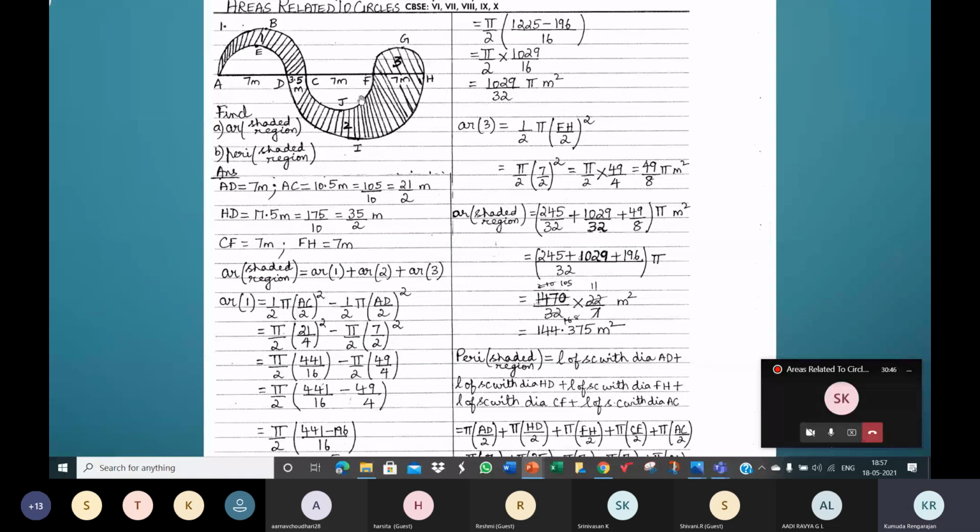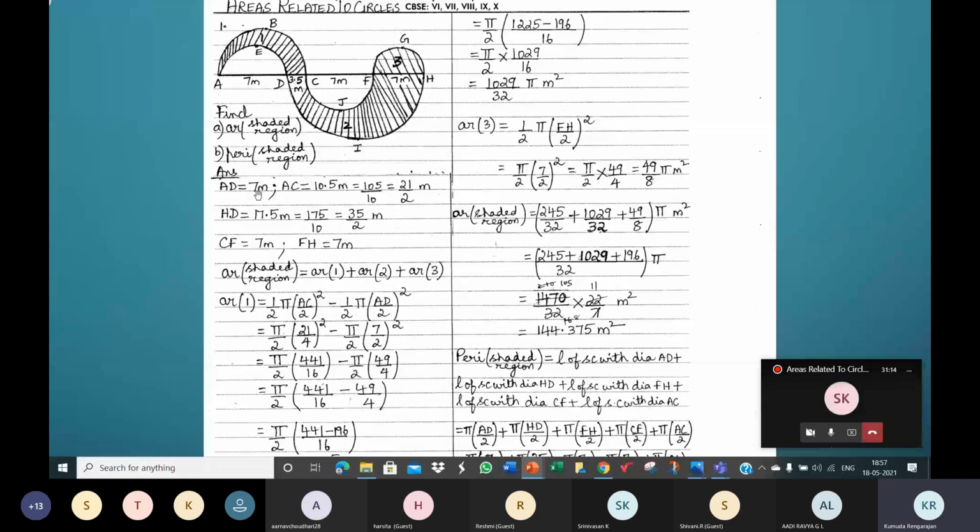There is a semicircle FJC whose diameter is 7 meters. CF is 7 meters. And then this semicircle FGH whose diameter is FH, which is 7 meters. So we have mentioned the diameters of the different semicircles and written out their values.